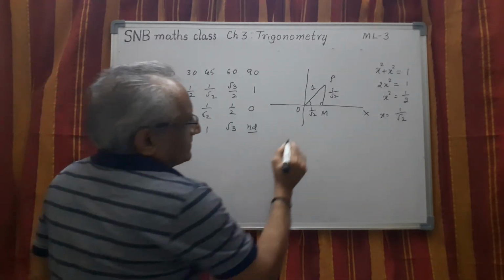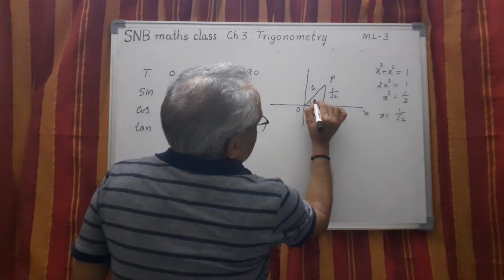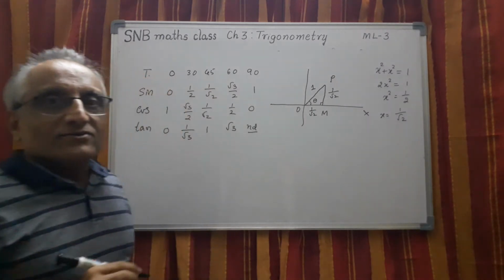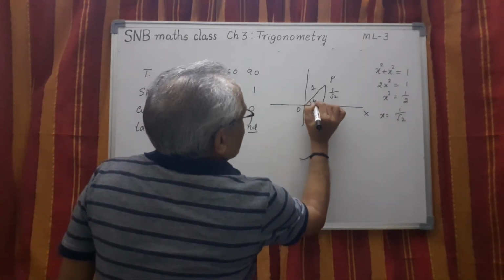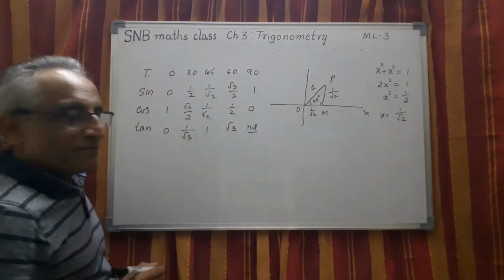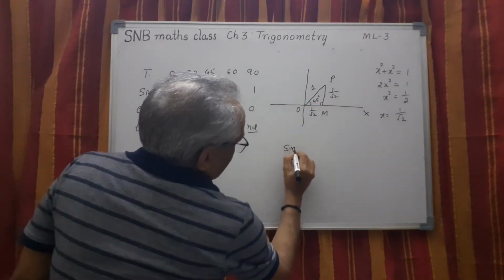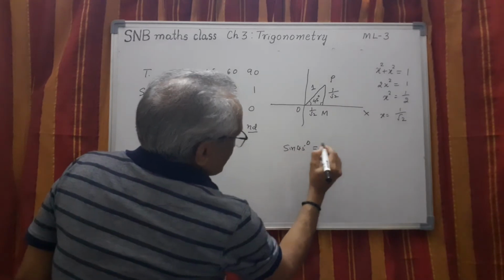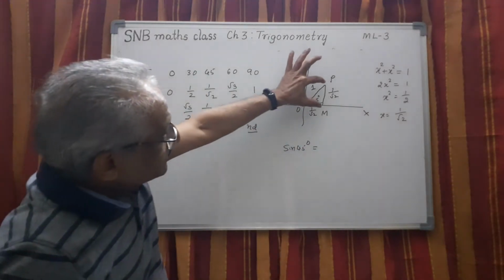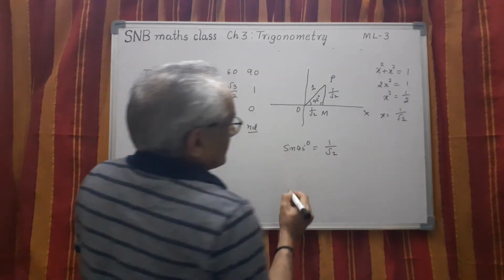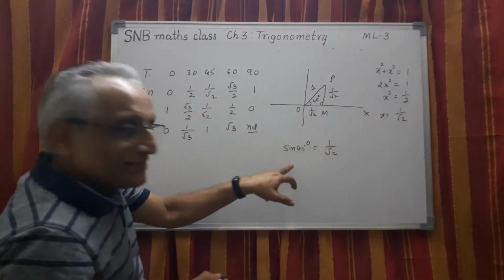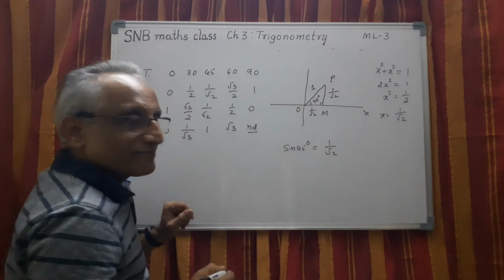Now let us say this angle, let us take it as theta. Sorry, it's not theta, 45 degree. Why should we take theta? So now sine 45 degree will be equal to, by definition, opposite is 1 by root 2, and hypotenuse is 1, so it is 1 by root 2.